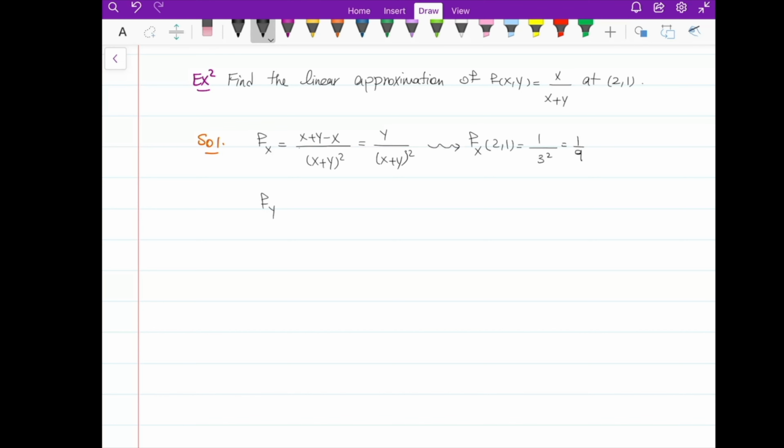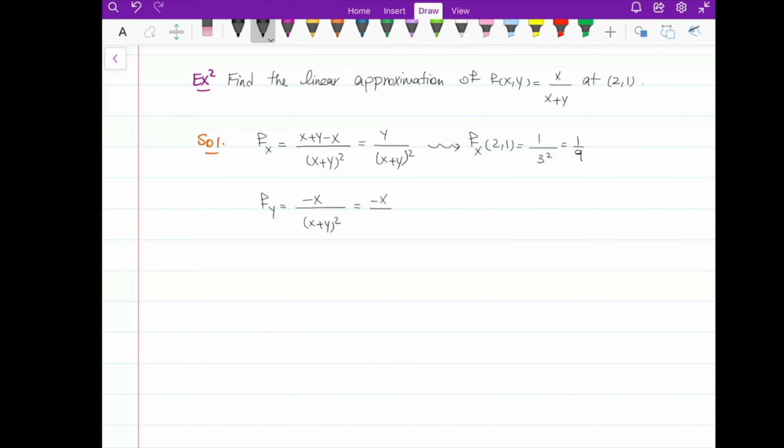I'm gonna find fy, so the quotient rule, denominator squared. The derivative of the top with respect to y is 0 times the bottom, which is 0, minus the derivative of the bottom with respect to y, which is just 1, times the top.